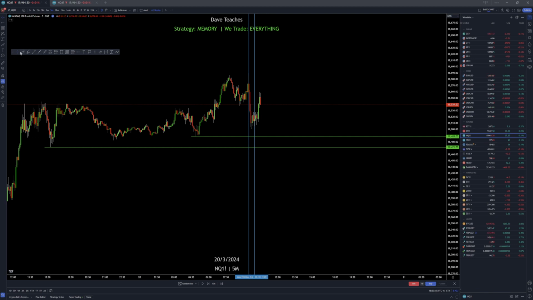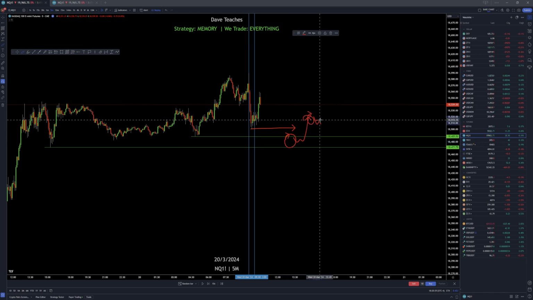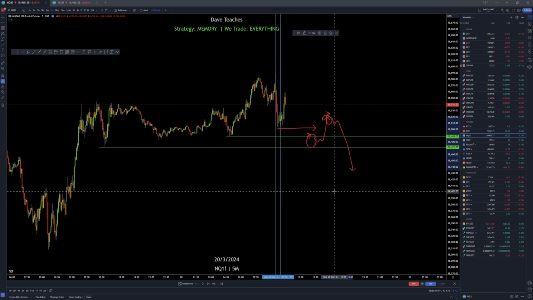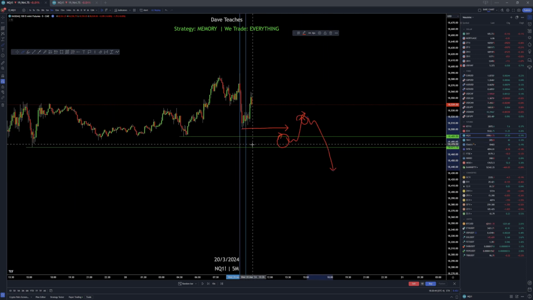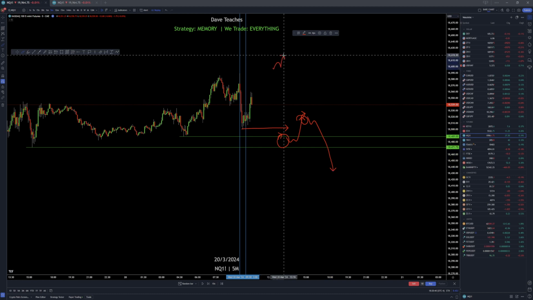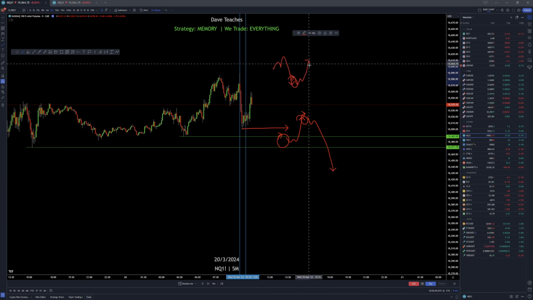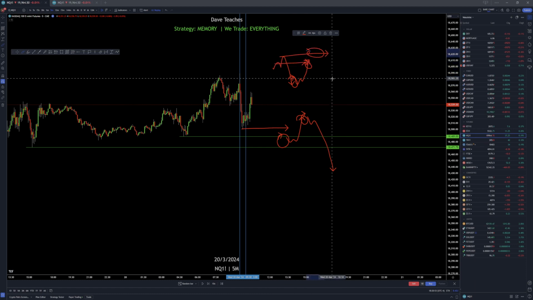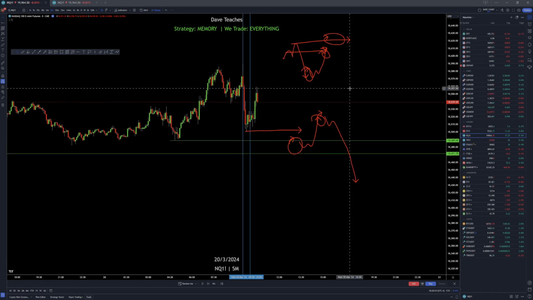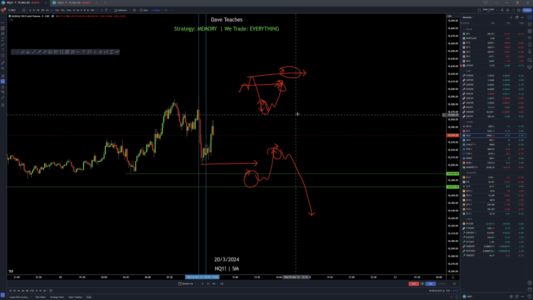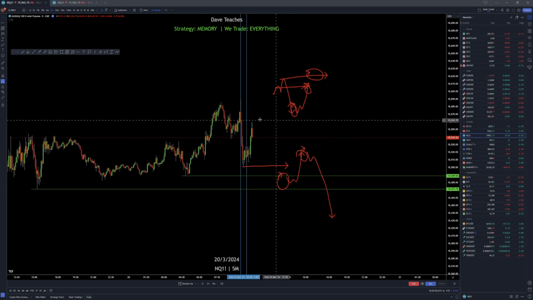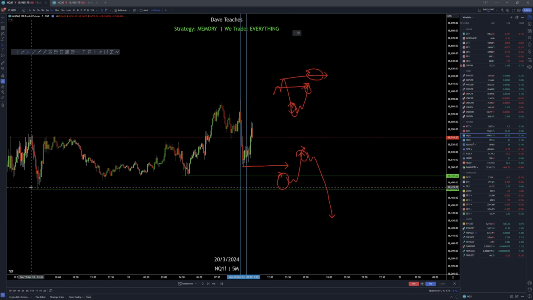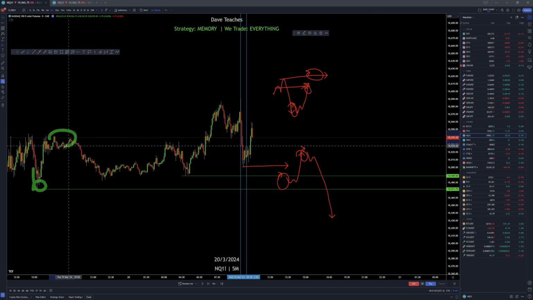And if we close below here, right, I would be looking for a move back in there to take lower. But if we close up above here, I would be looking for a move to either take back to the high or even above the high. Because remember, look at what I'm doing here. If we have this and then this, right?